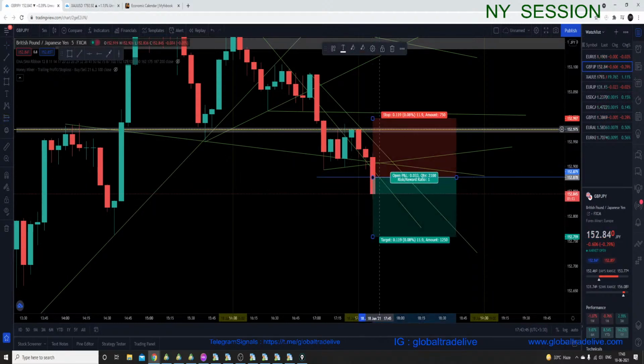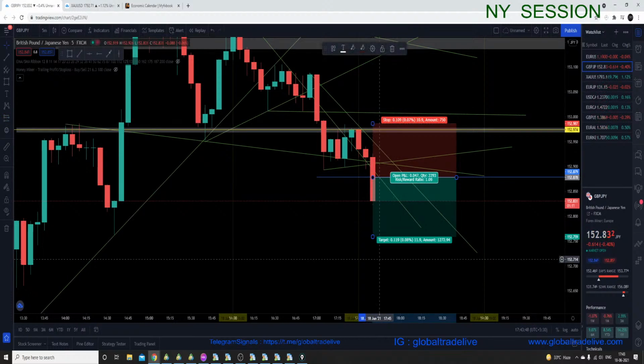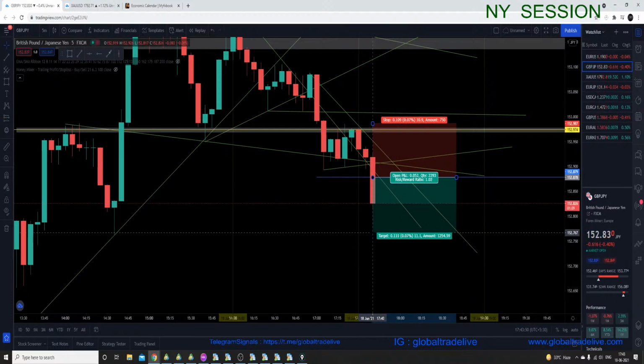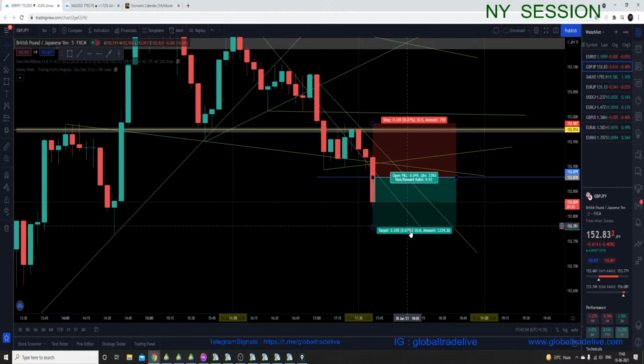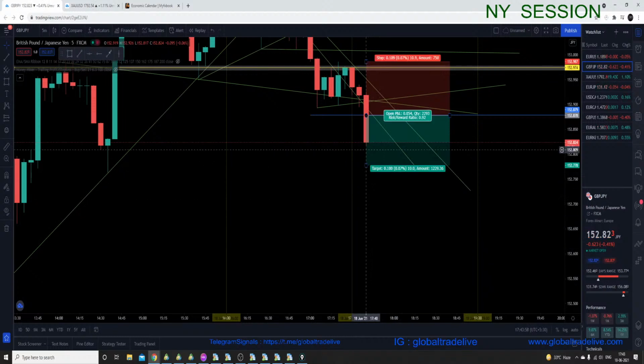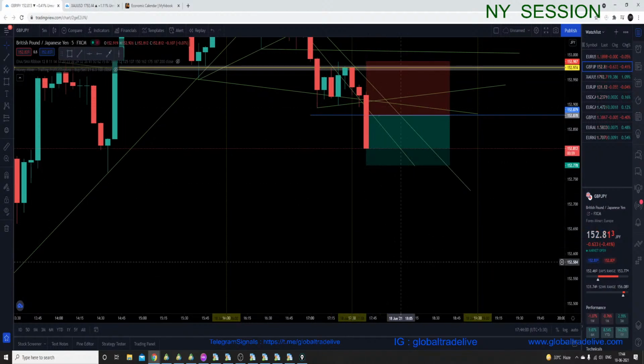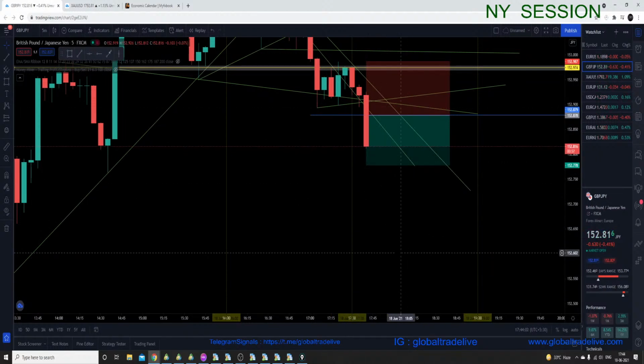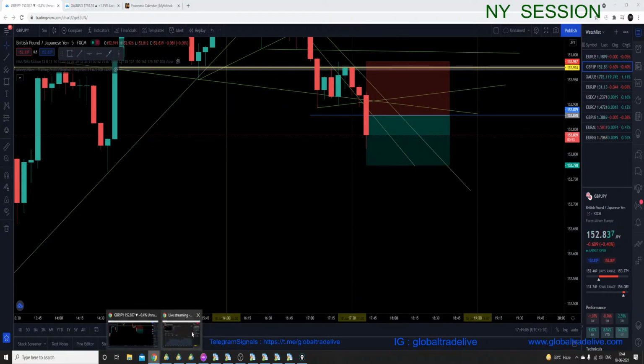This is the exact price I took the sell, and yeah, it's coming down now. This will be 10 pips at this point, and now I'm expecting the price to go all the way down with volume. 5 pips, I'm in profit. So this is the second and last attempt for the trade.